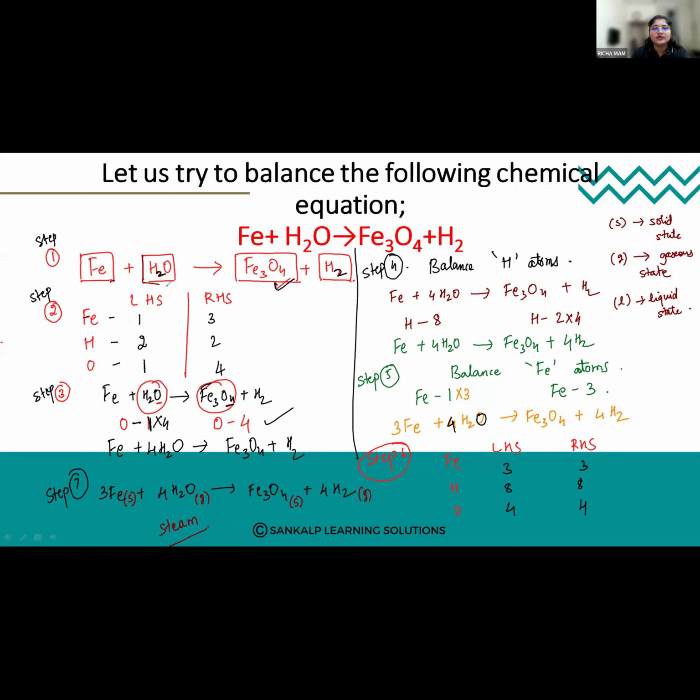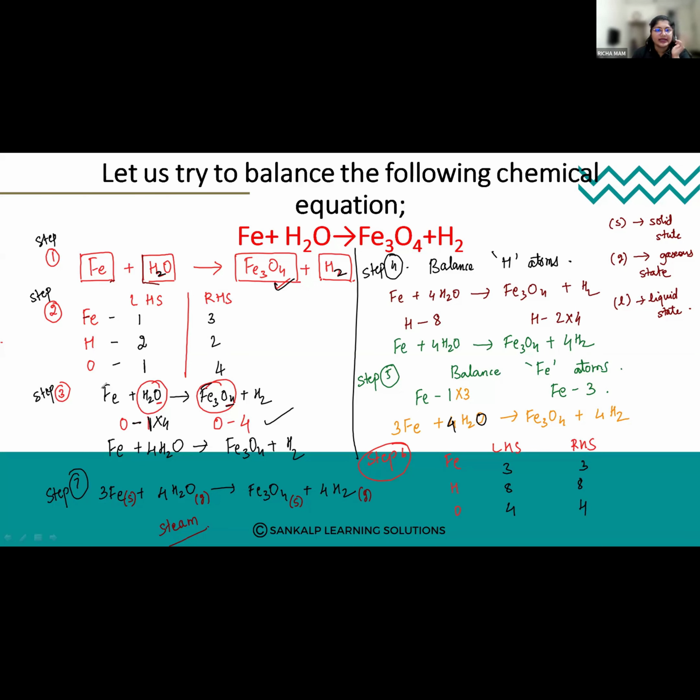On the right hand side, there are 3. Next is the hydrogen atom. It is 2 on the left, and on the right hand side, again it is 2. Oxygen atoms: 1 on the left hand side, and on the right hand side there are 4. So we have listed out the number of atoms of each element.